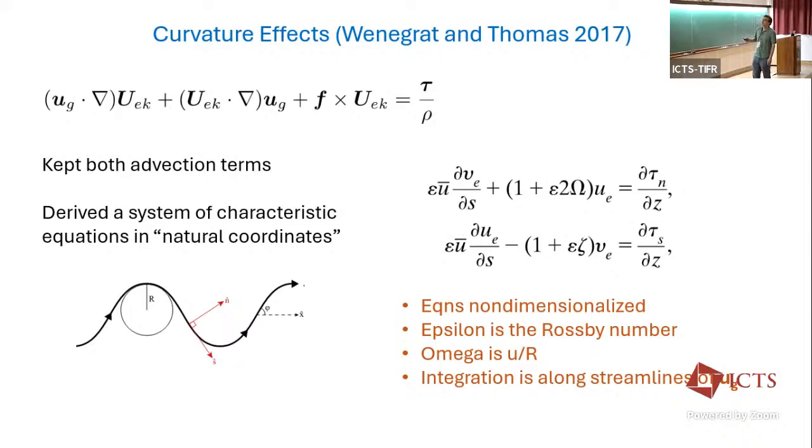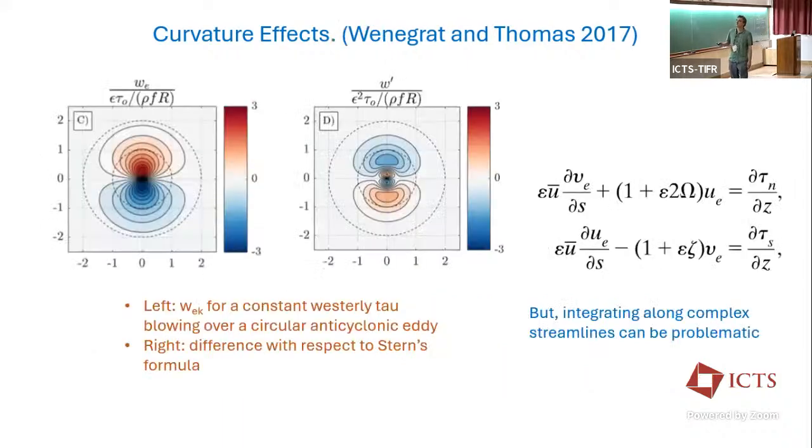Anyway, they come up with this system of coupled characteristic equations. You have to do a line integral along the streamline. I don't want to get into the details of their equations. Omega is the curvature part of the vorticity, and epsilon is the Rossby number, and so forth. So you can do this integration and get UG, and they did it for some simple flows.